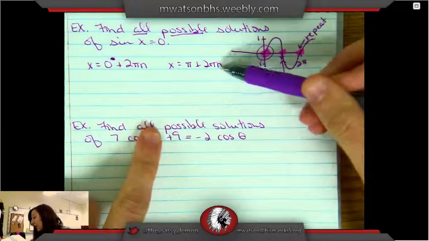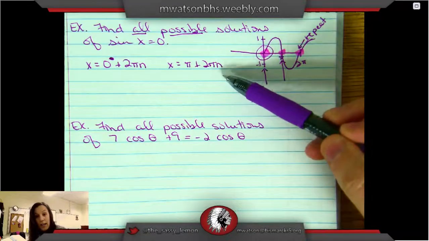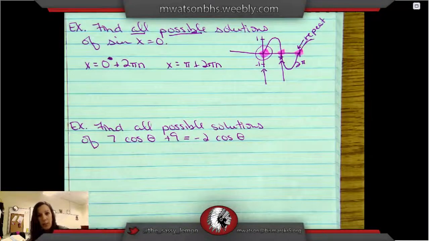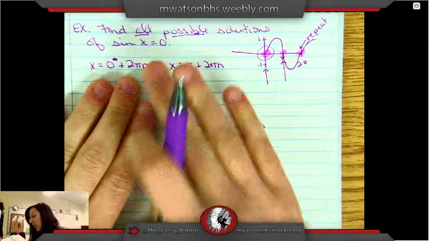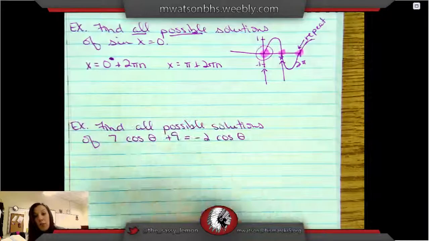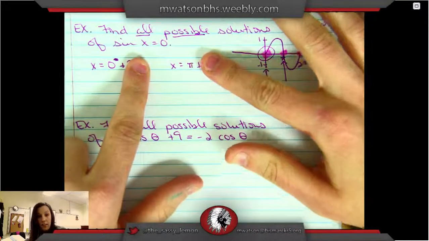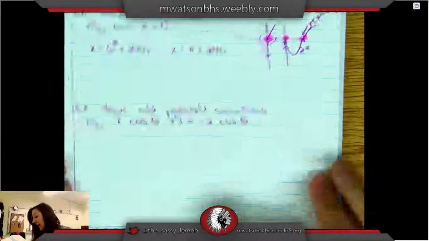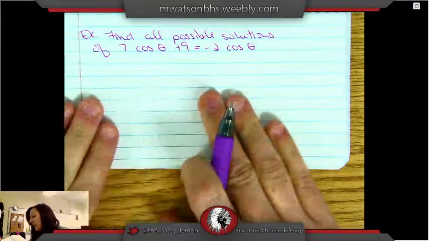If we plug in a 1 here, that's going to give us x equals 3 pi, which is a little bit further along the sine curve. So you kind of get that idea of why these answers give all possible solutions. If all I wanted were the first two, then we could just have left the answer like this. But we want all.